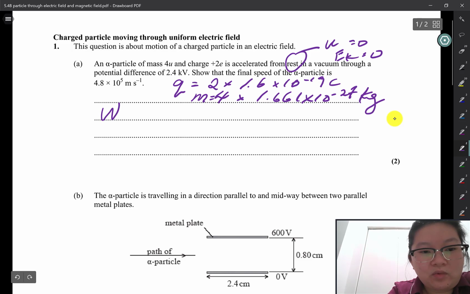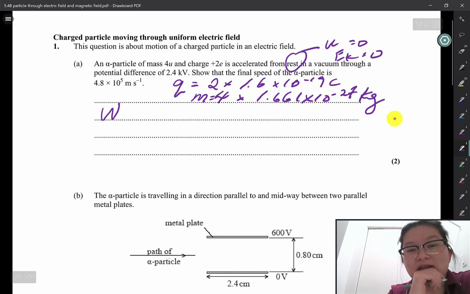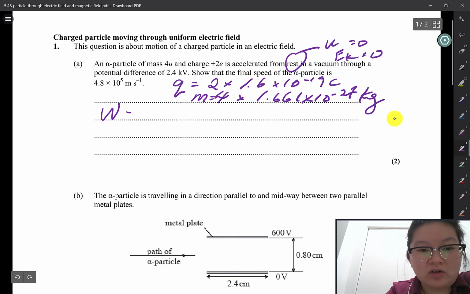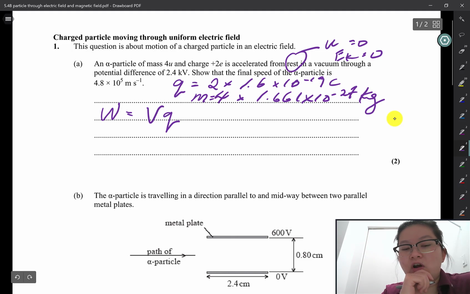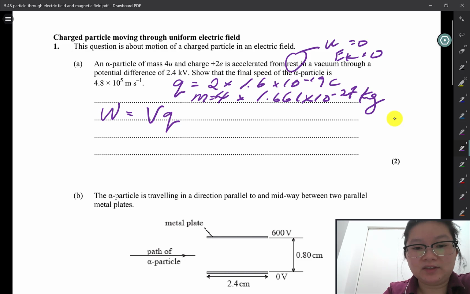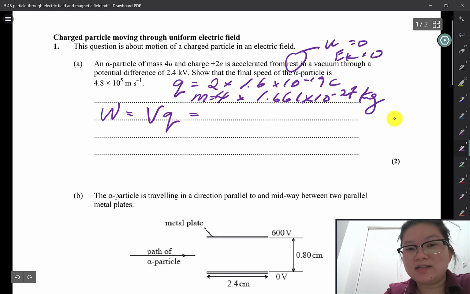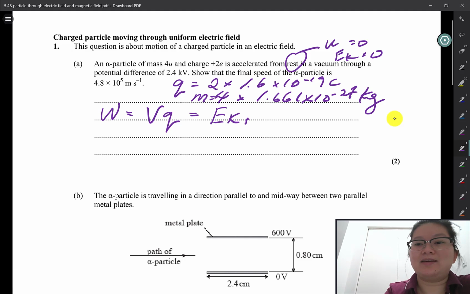Okay, we know that the work done on a charged particle is equivalent to the electric potential difference times the charge of the particle itself. And this work done by the electric field is going to cause the alpha particle to gain kinetic energy, and this kinetic energy will just be the final kinetic energy since the initial kinetic energy is 0.